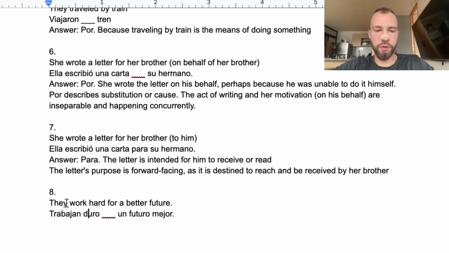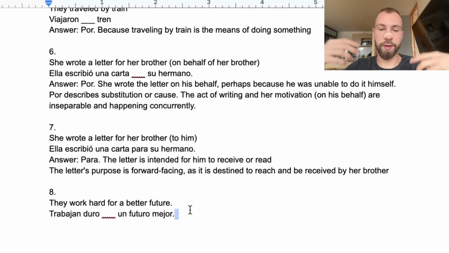And then the final example is that they work hard for a better future. So se trabajan duro por un futuro mejor or para un futuro mejor. This is misleading. The answer is actually para, because we're talking about an intention. They work hard in order to have a better future, for a better future.